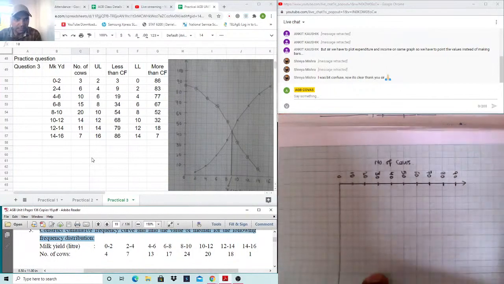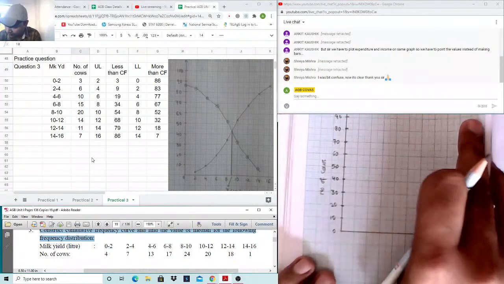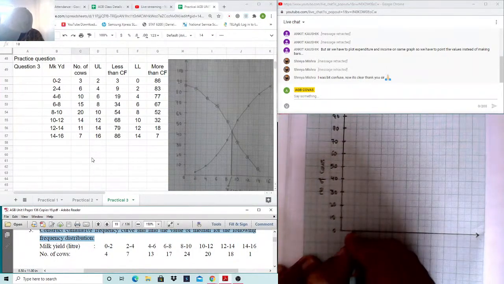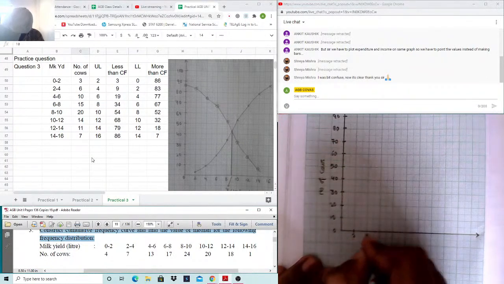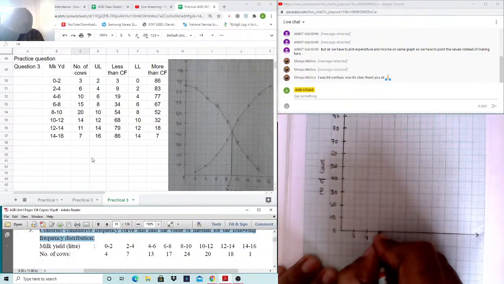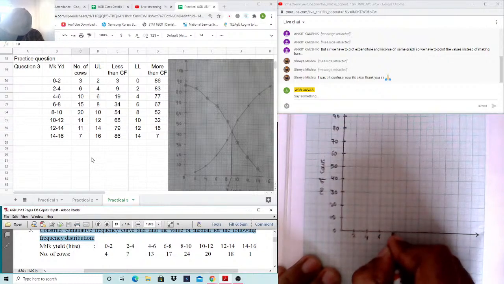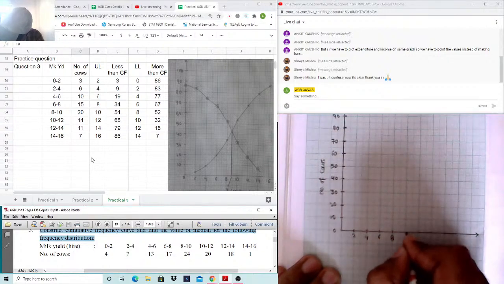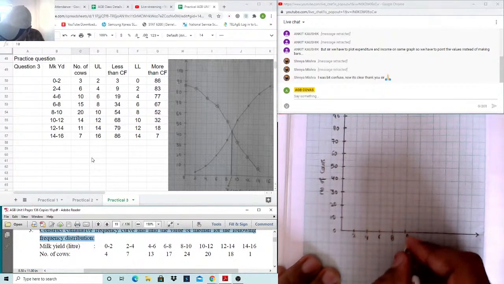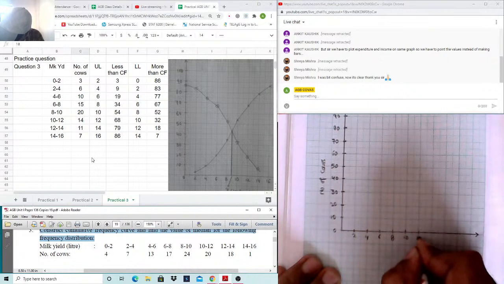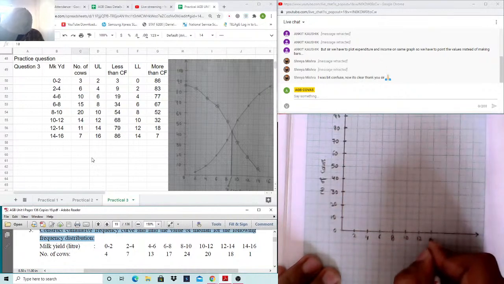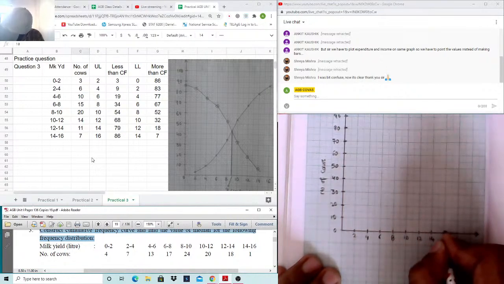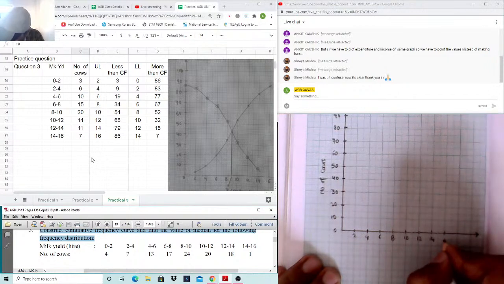If it is 0, then this will be 2, this will be 4, this will be your 6, this will be your 8, then this will be your 10, or 12, 14, and then 16.